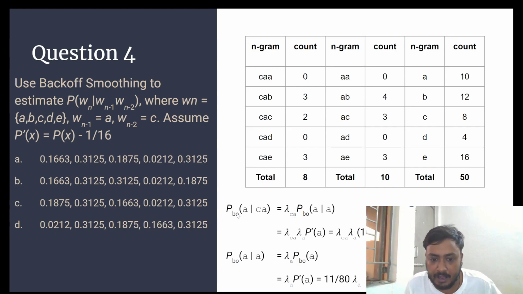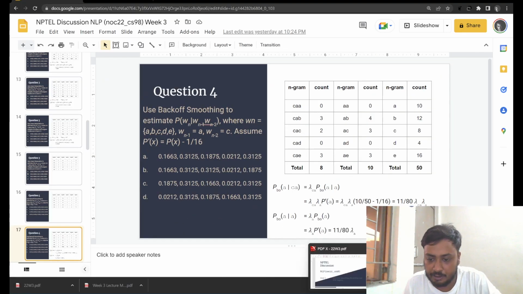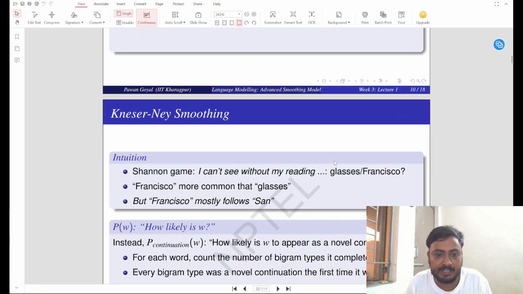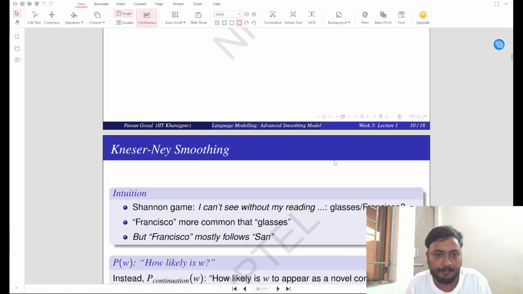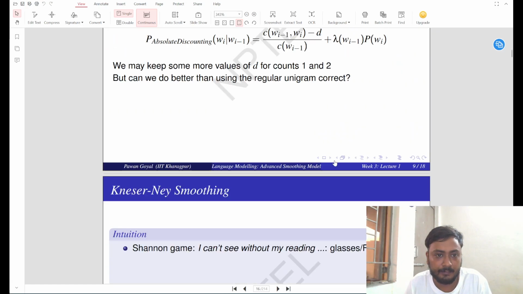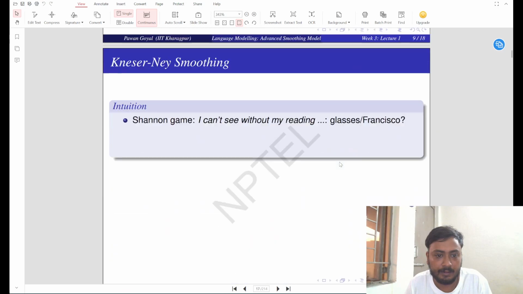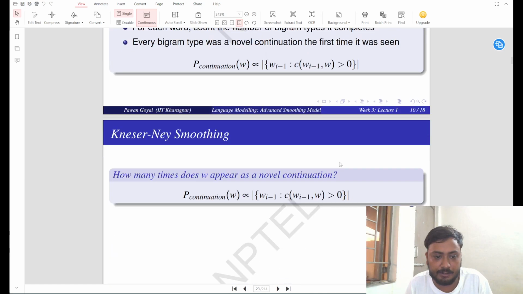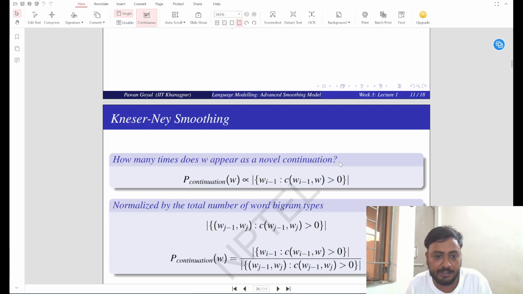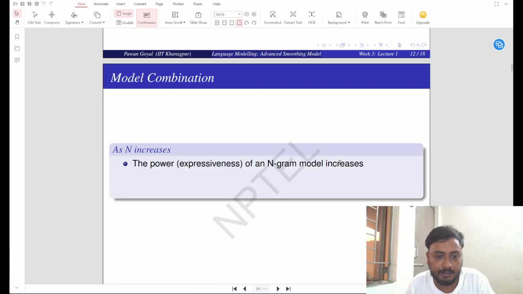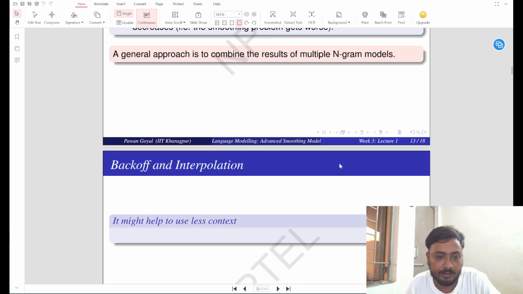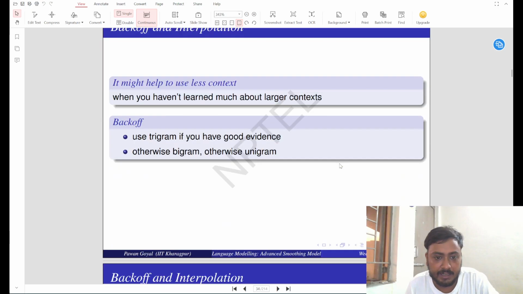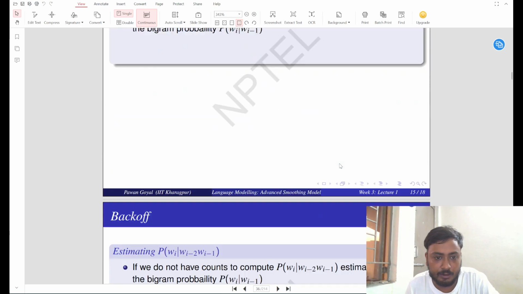Let me just show you the formula you have seen so that it will be easy to understand how we are doing it.